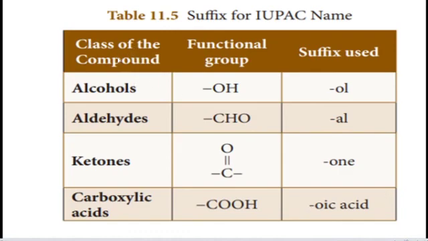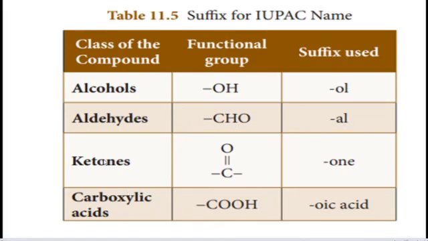The class of the compound alcohol. The functional group of alcohol is OH. The suffix word OL is used. Then the class of the compound is aldehyde. CHO is the functional group. The suffix word is AL.